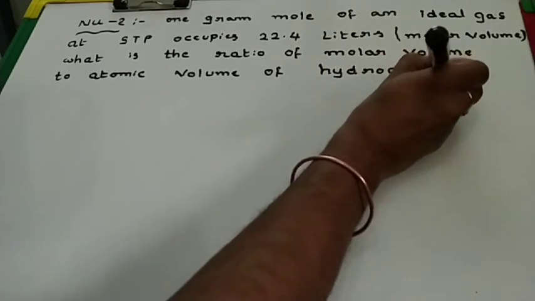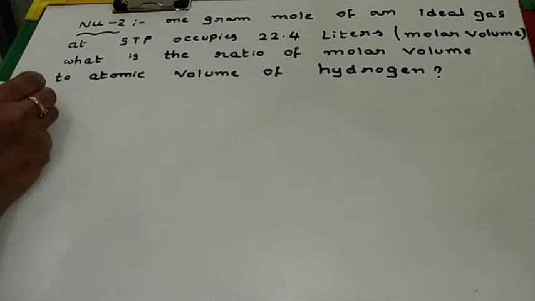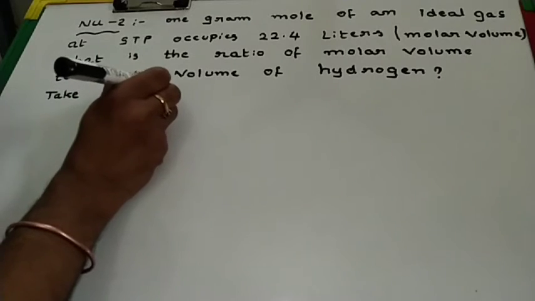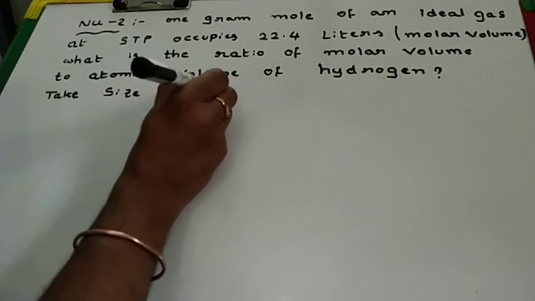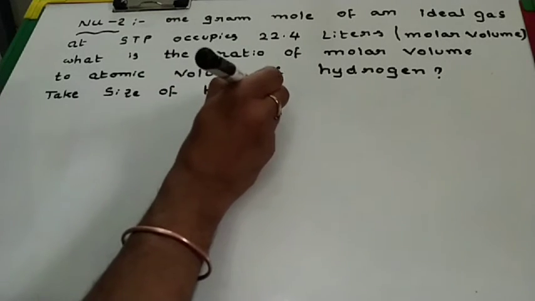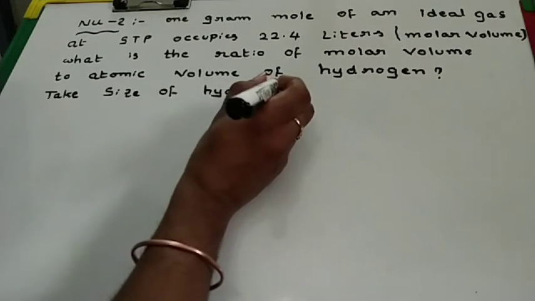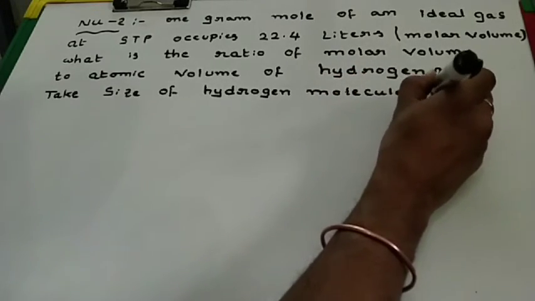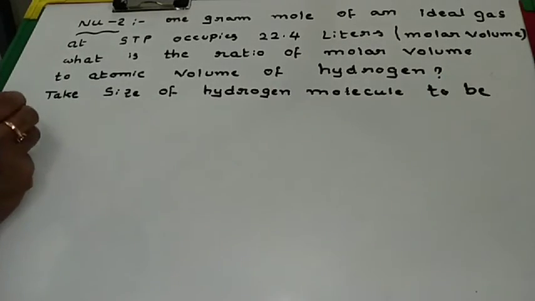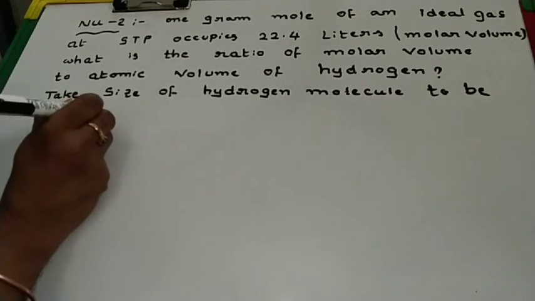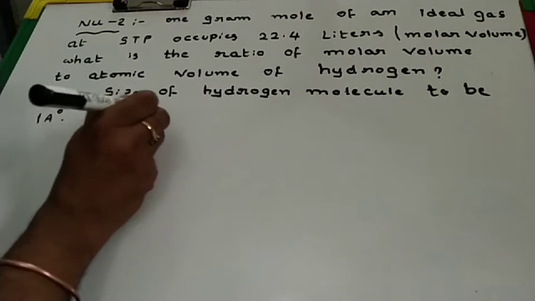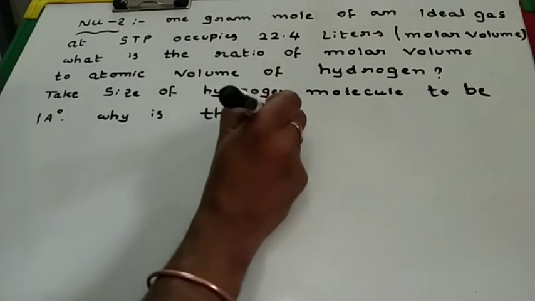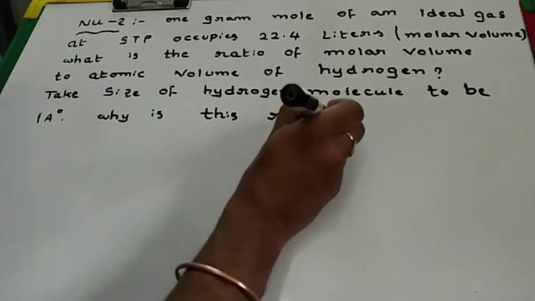Now take the size of a hydrogen molecule to be 1 angstrom. Why is this ratio so large?